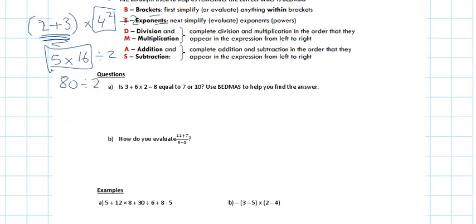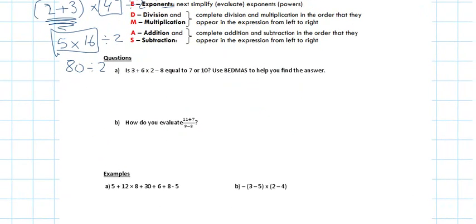So let's look at this one. Is 3 plus 6 times 2 minus 8 equal to 7 or 10? That's the question. Looking at BEDMAS, what should you do first? The multiplication.